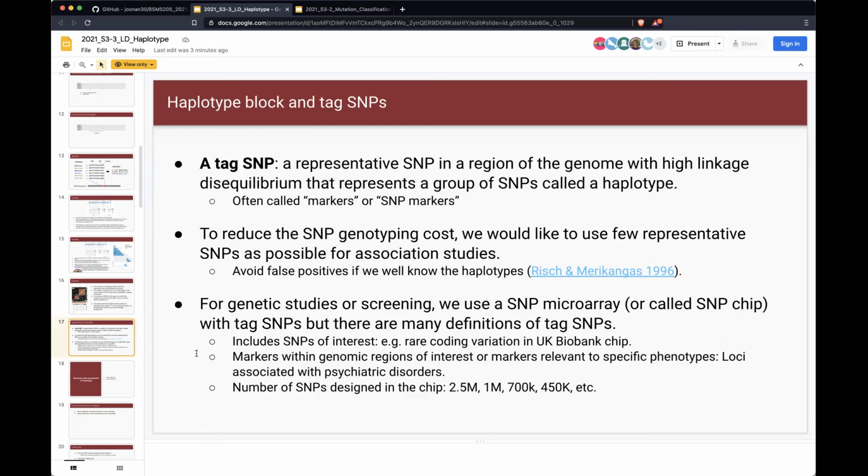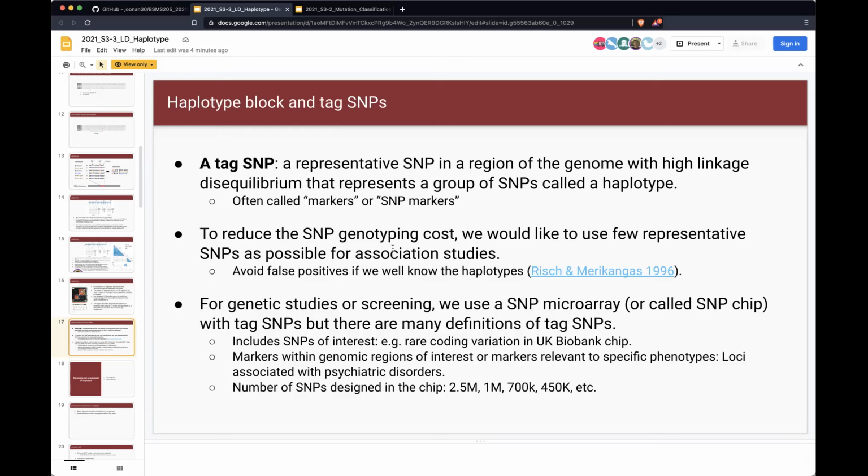If you know the haplotypes, you can pick representative SNPs in the genomic region, and by looking at the tag SNP information, you can infer which population the samples are from, or which haplotypes the samples have in the regions, right? So mainly the tag SNPs were used to reduce the SNP genotyping cost, so you can screen lots of people at a time, and also use that information for other disease studies, like association studies.